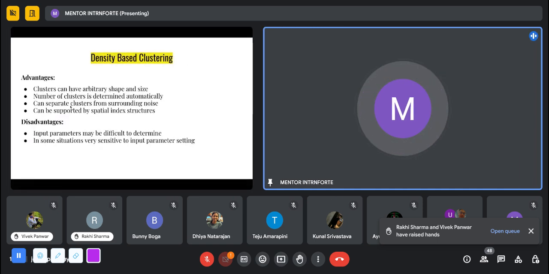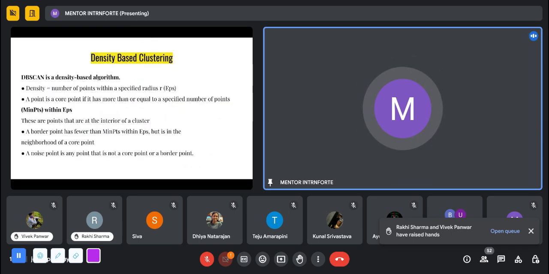Okay, now a few more disadvantages. In some situations, it is very sensitive to input parameters. The input parameters you have to give are min points and epsilon. These are in your control, and this can sometimes be problematic, due to which clustering can be difficult. So you will have to try different combinations of values for epsilon and min points.